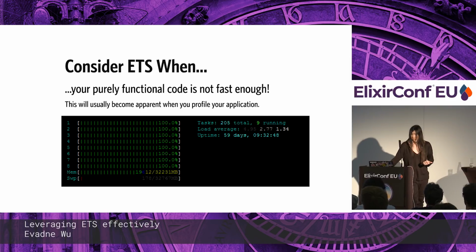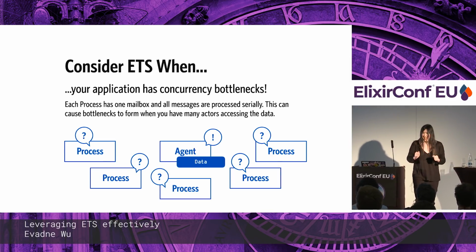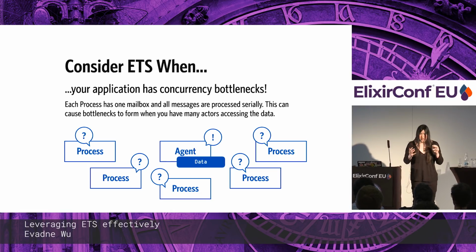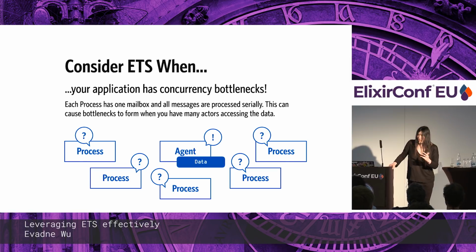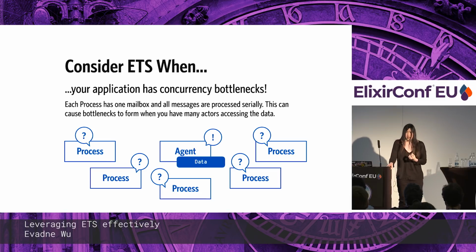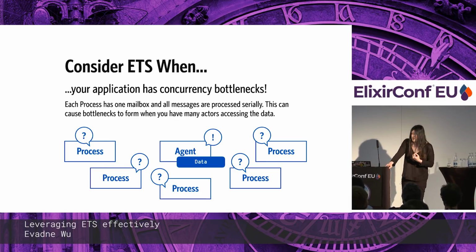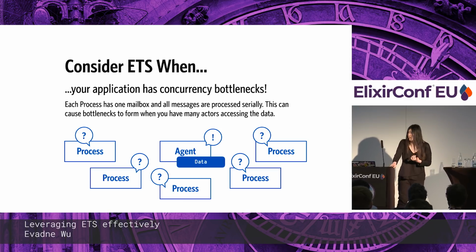Or maybe your application has an agent, and you have a lot of things that want to know what's going on, so these other processes always have to send messages to the agent. But the agent is a single process. It has a single mailbox, basically a single thread, so you will have a concurrency bottleneck. In this scenario, you will want to use the escape hatch provided by ETS in order to avoid concurrency bottlenecks.